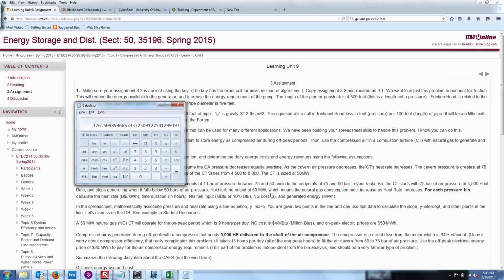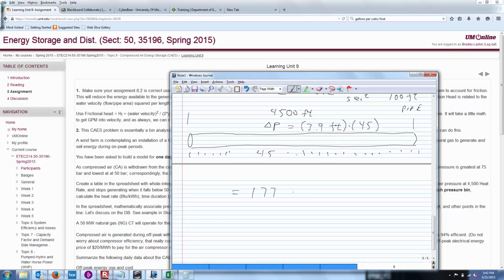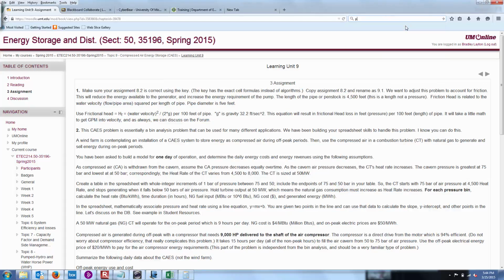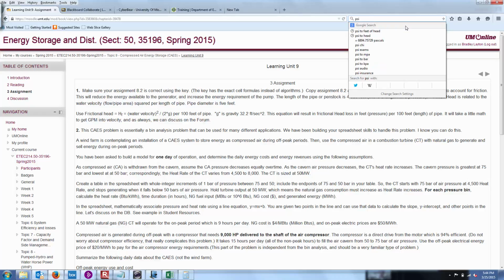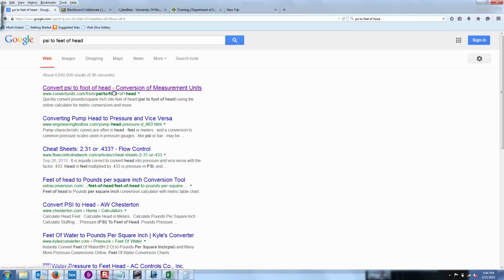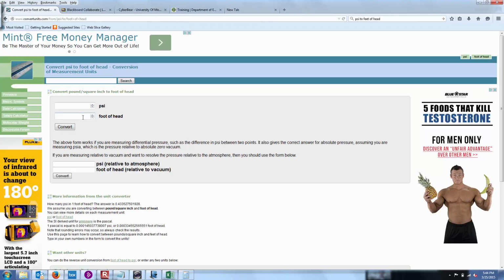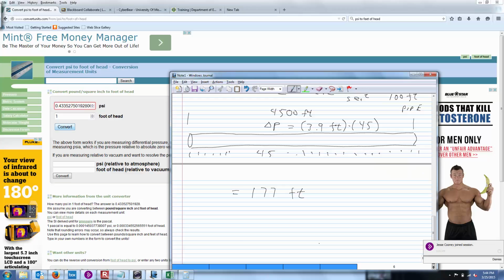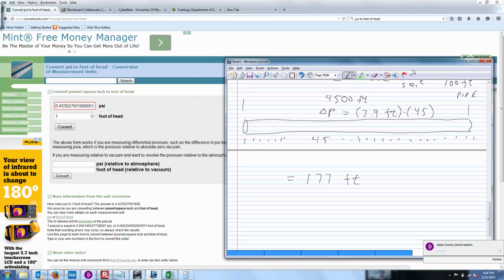Equals 177 feet. Now if we come back here, PSI would become, it was 2.3 PSI per foot, right? Or a foot per PSI. 2.3 feet per PSI.